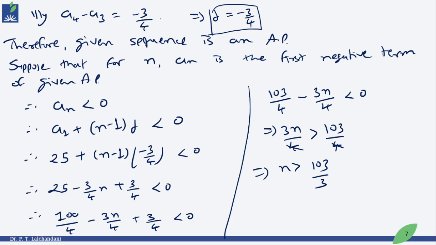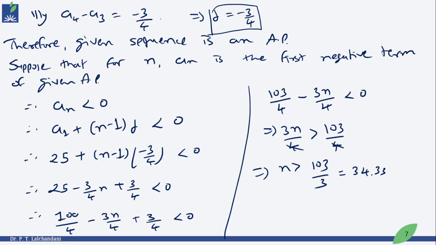N is greater than 103 divided by 3. So 103 divided by 3 is about 34.33. Right? You can verify, 103 divided by 3, that is 34.33. Now let us understand once again. See, we supposed that for n, an is the first negative term.